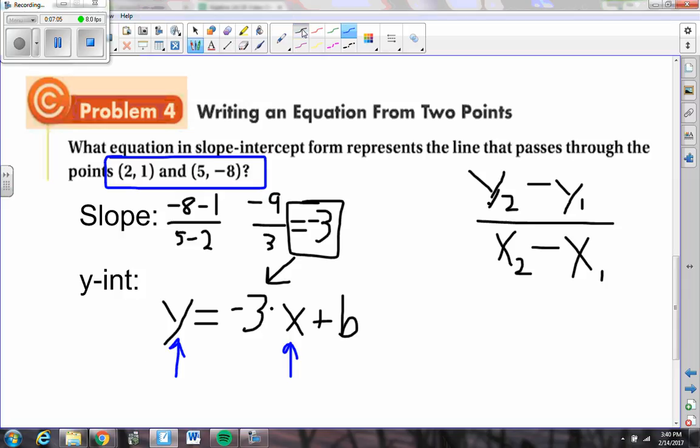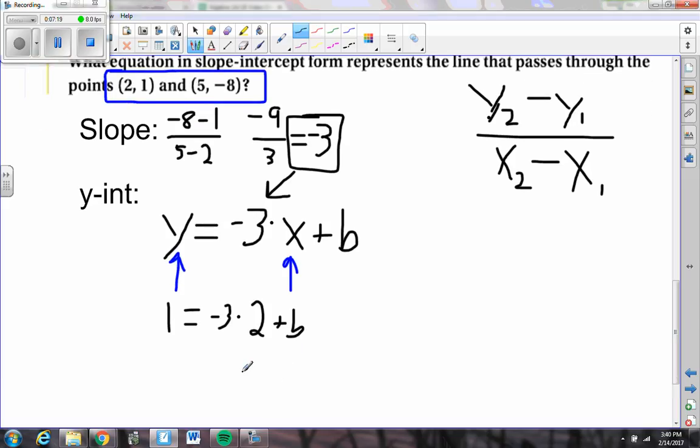So I'm going to have an equation that says 1 equals -3 times 2 plus b. Now, -3 times 2 is -6, so -6 plus b has to equal 1. In order to get b all by itself, I just have to get rid of the -6 by adding 6 on the other side, and b equals 7.